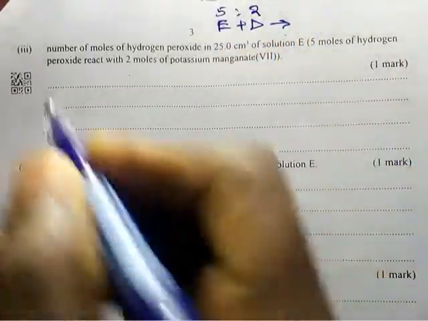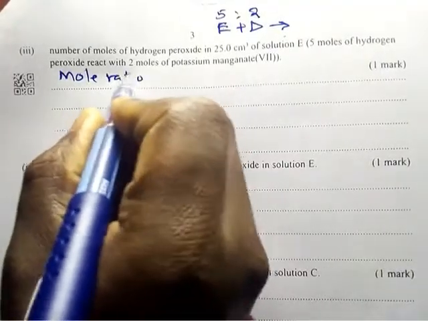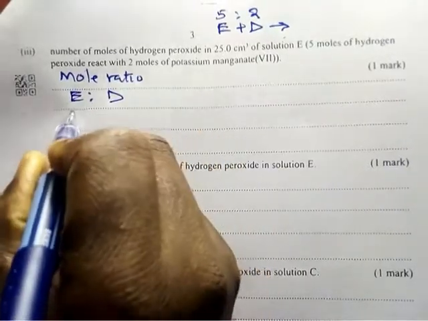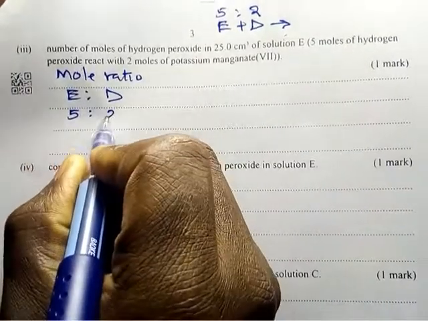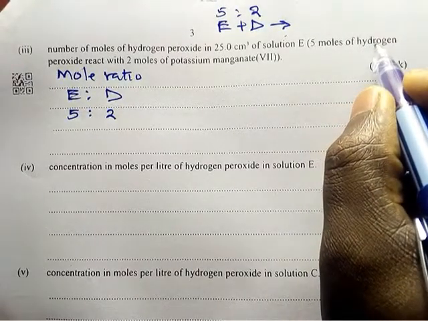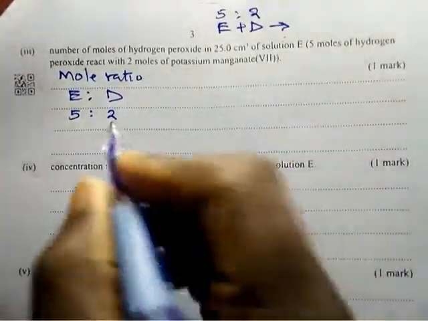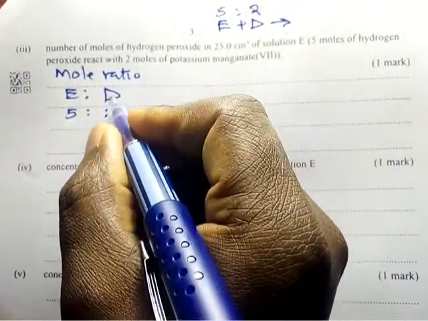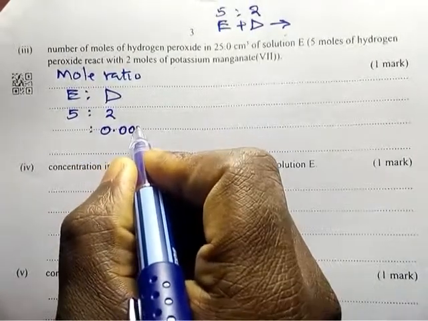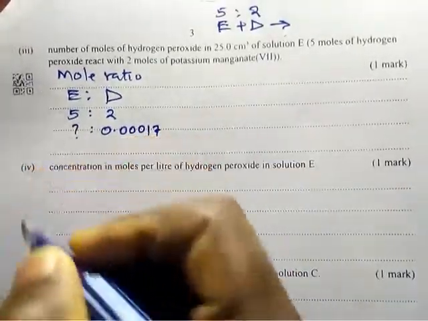So the mole ratio of E to D is 5 to 2, because hydrogen peroxide is E and potassium permanganate is D. But we know the number of moles of D, which is 0.00017.